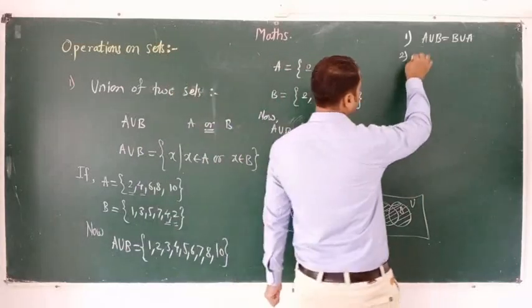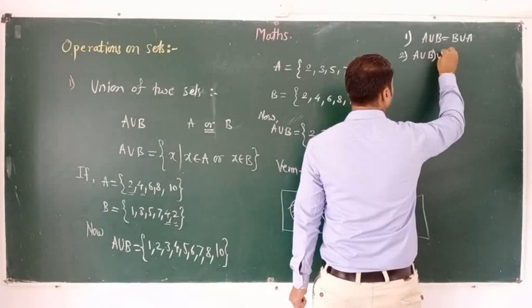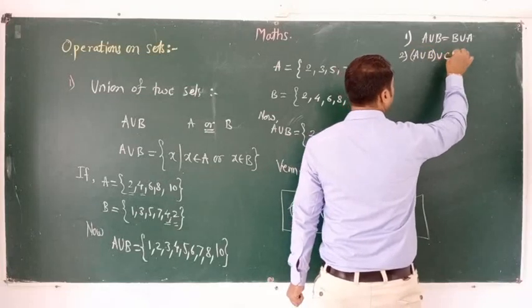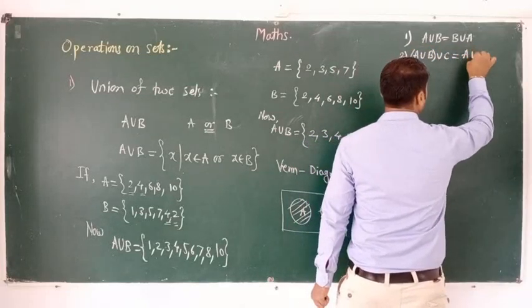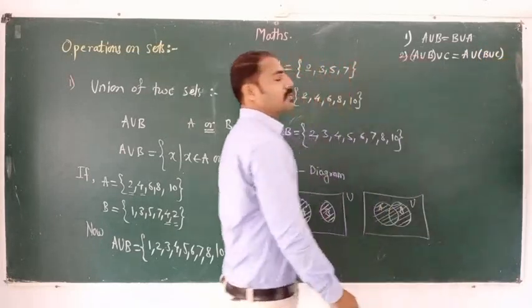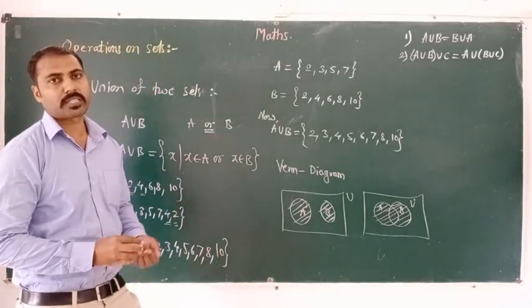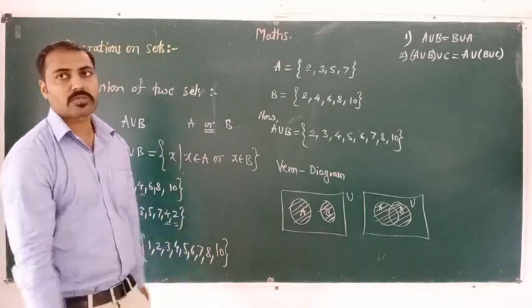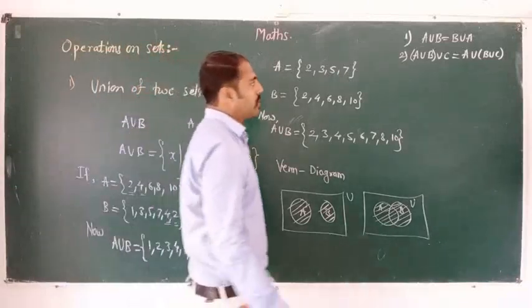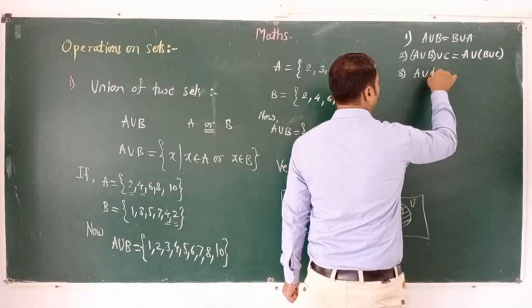Second property is A union B, and we take a union with C. Then this is equal to A union B union C. This property is called associative. Third one is A union phi.